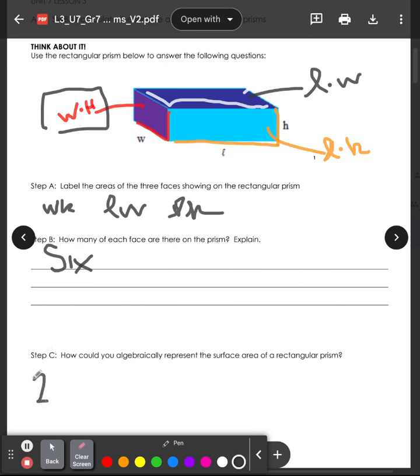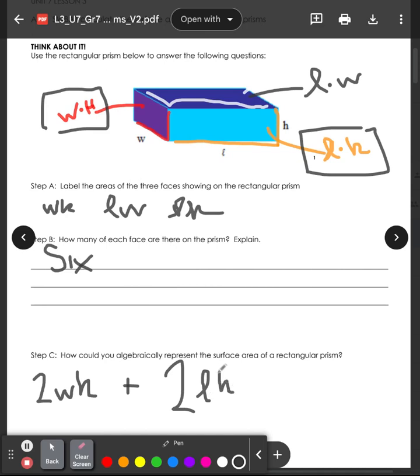So it'd be 2 times whatever the width is times the height. Then we would add that to, if we were dealing with this front face over here, there'd be 2 of those because there's a front and there's a back. So length times height times 2.